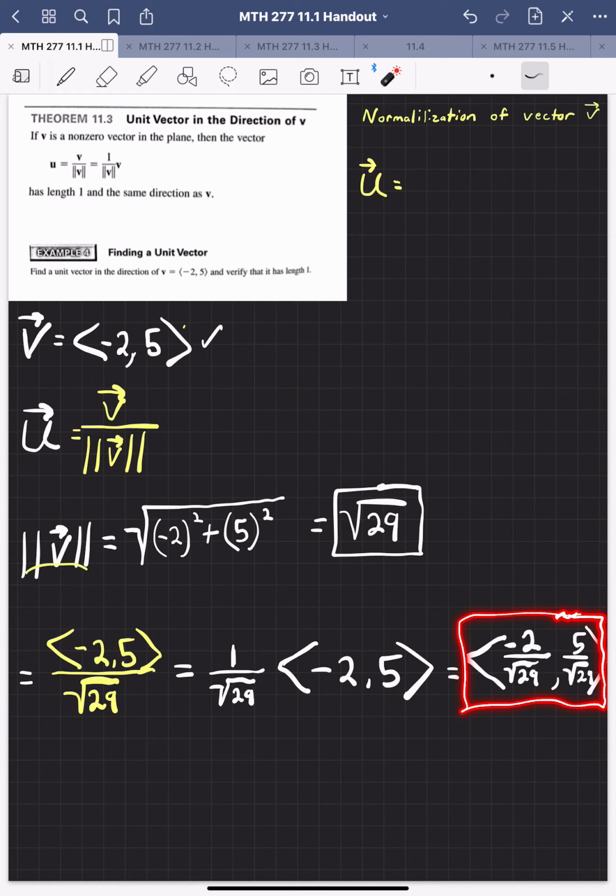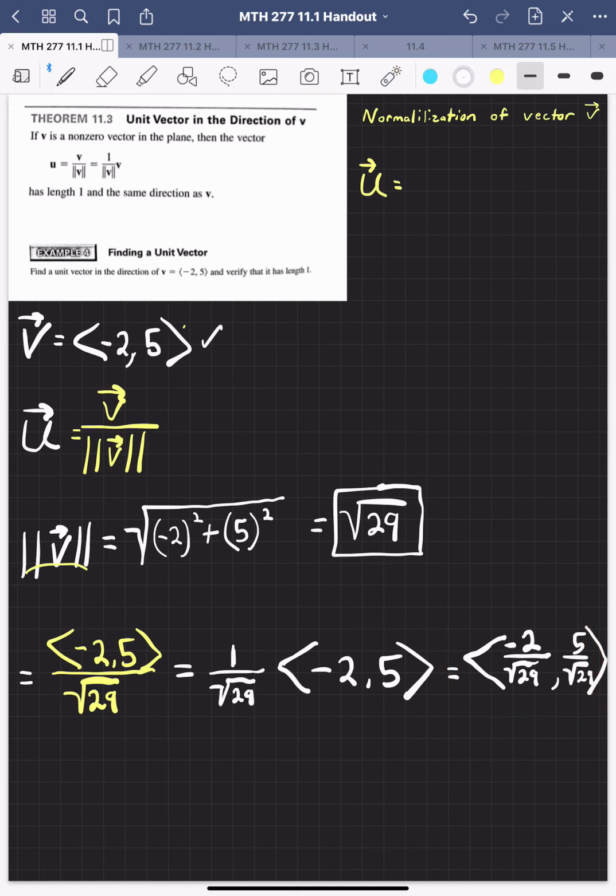But let's assume this were a test question, and you only had 10 questions and wanted to make sure you didn't make any silly mistakes. How could you verify that this new vector, u, indeed has a length of 1 as well as the same direction as v?